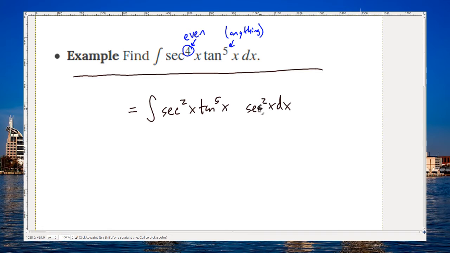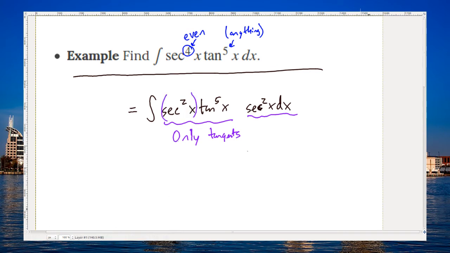And again, the trick is always about noticing that I've got the derivative of a trig function. Since it has the derivative of tangent, I want to have only tangents in here, to get that derivative of tangent there. And to do that, I need to get rid of this secant squared.